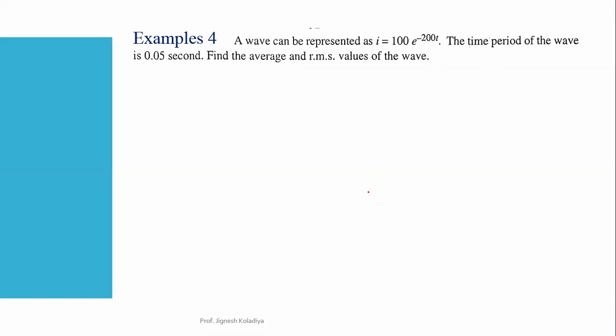A wave can be represented as i is equal to 100 into e raised to minus 200 into t. The time period of the waveform is 0.05 second.